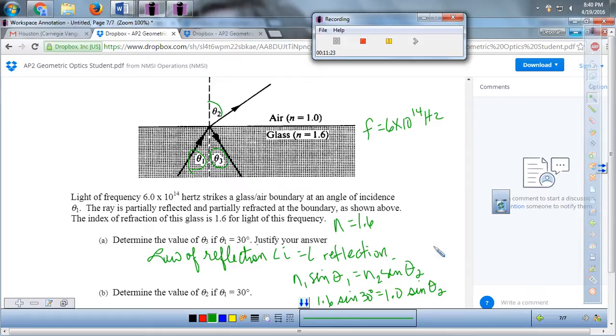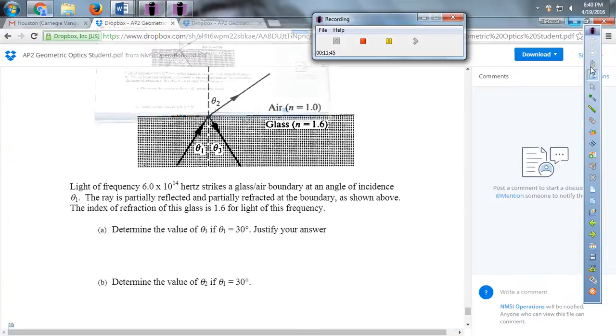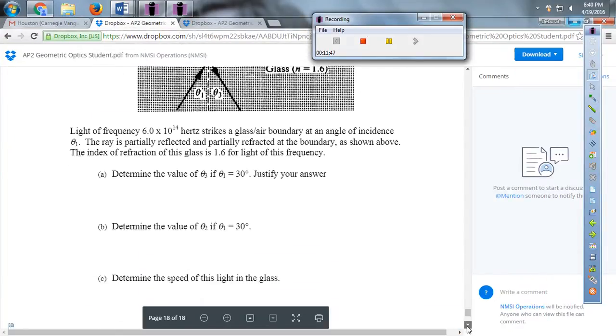And my lovely value that I determined was 53.1 degrees. Theta 2 is 53.1 degrees. So that's my answer for B. Alright. And then I went on to C, D, and E.